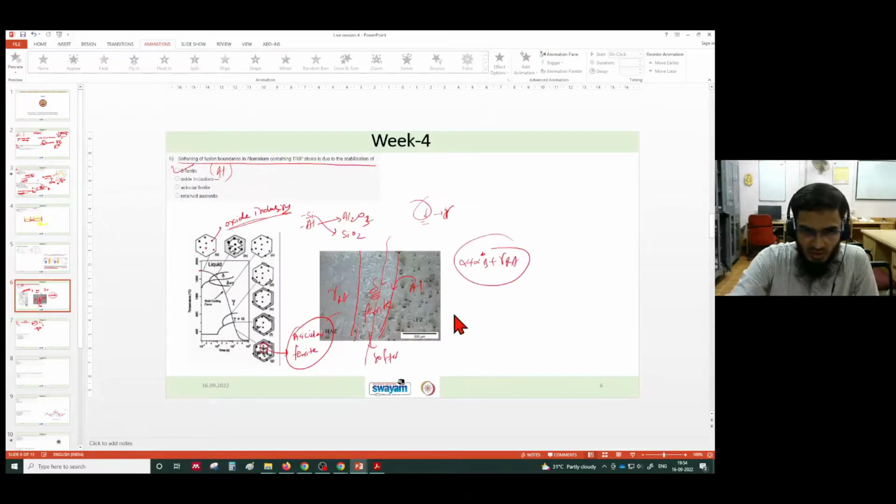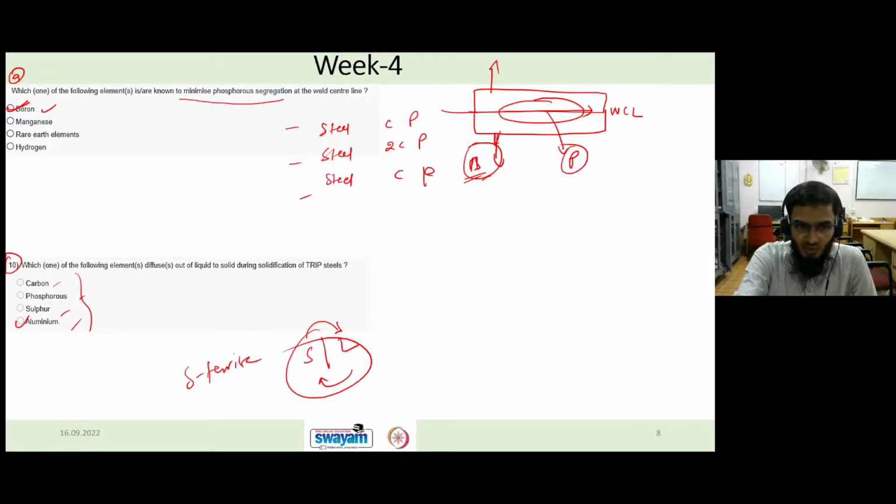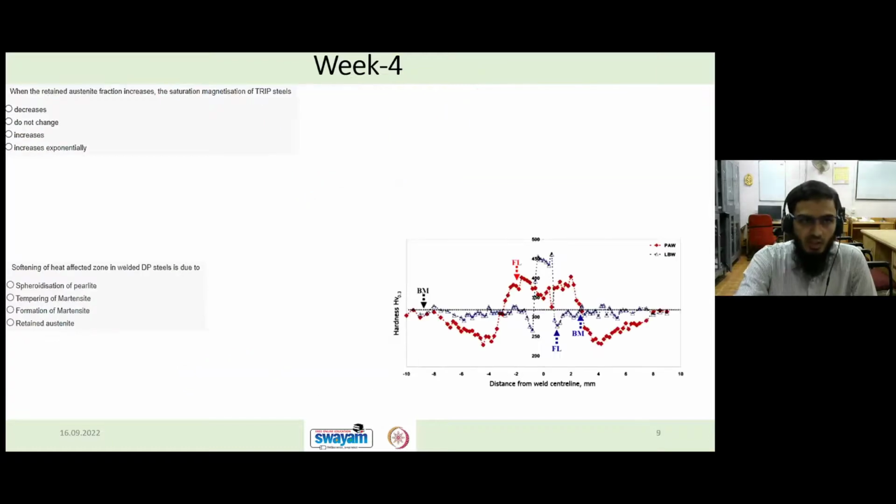If you see the microstructure of this aluminum-containing strip steel, it contains this white region. This region is nothing but delta ferrite. So the aluminum partitions from liquid to this solid, which stabilizes the delta ferrite, and later on it may act as a softened region which will deteriorate the mechanical property. So the right answer is aluminum, correct.